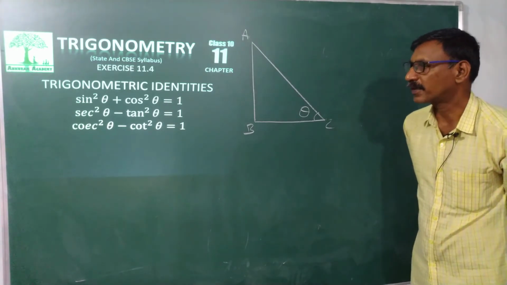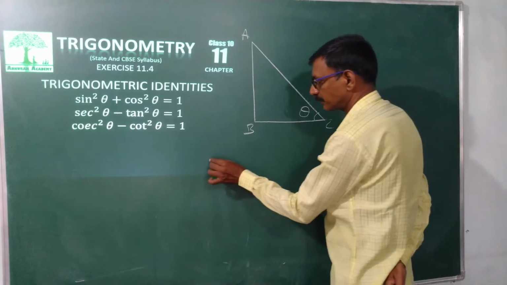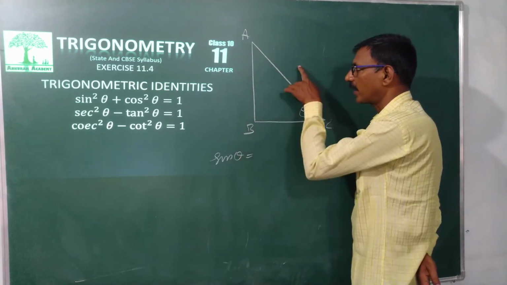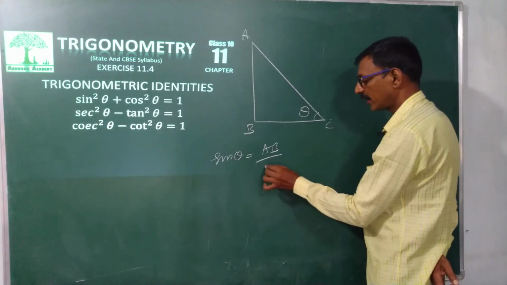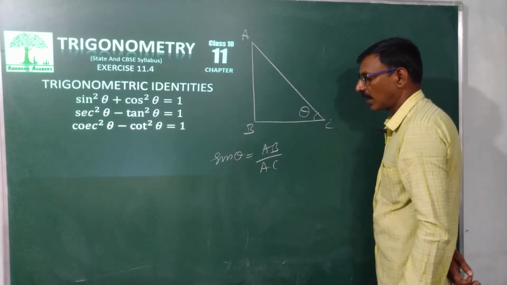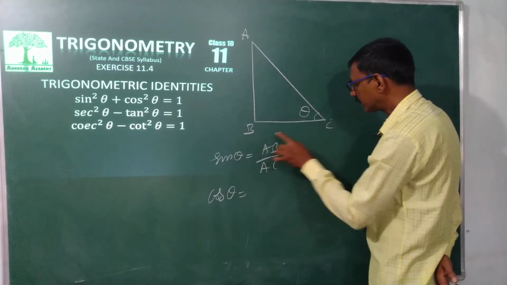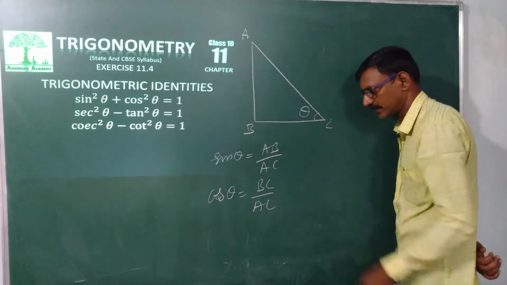By derivation of trigonometric ratios, we can write sin theta is equals to opposite side by hypotenuse, that is AB by AC, and cos theta equals to adjacent side BC by hypotenuse AC.